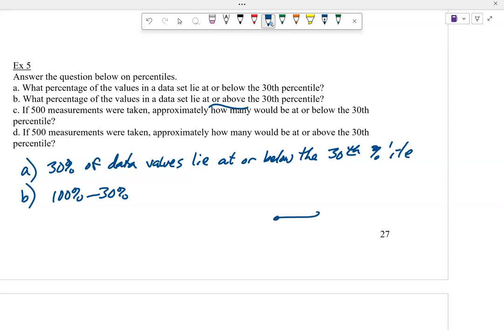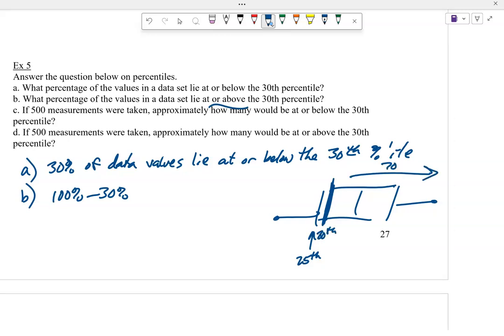Or you can think about it in terms of the box plot. Right here is the 25th percentile, so the 30th percentile is about here. So there's the other 70% up there. So 70% lie at or above the 30th percentile.